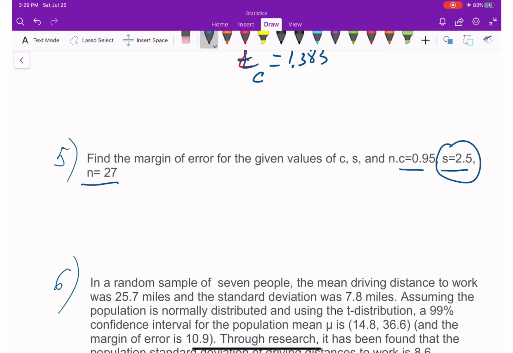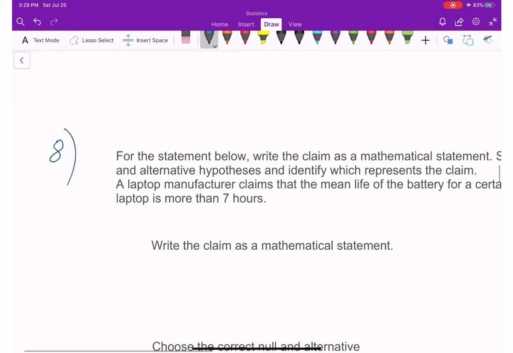But because we have S and sample size is 27, then we are going to use the formula margin of error is equal to T critical times S over square root of n. So T critical for 0.95.